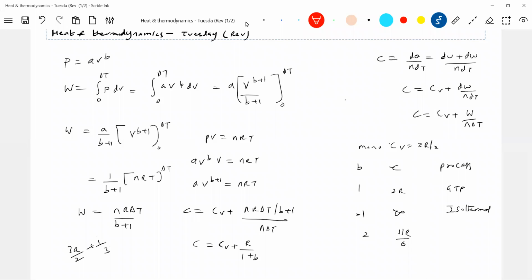So what is this process? 11R by 6. So it is a general thermodynamic process, nothing special. So like that for the other values.